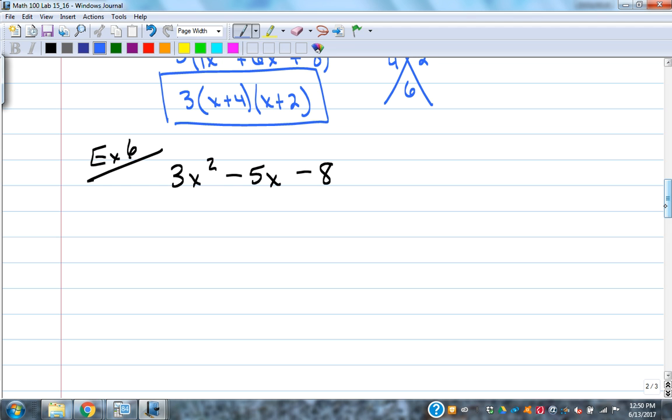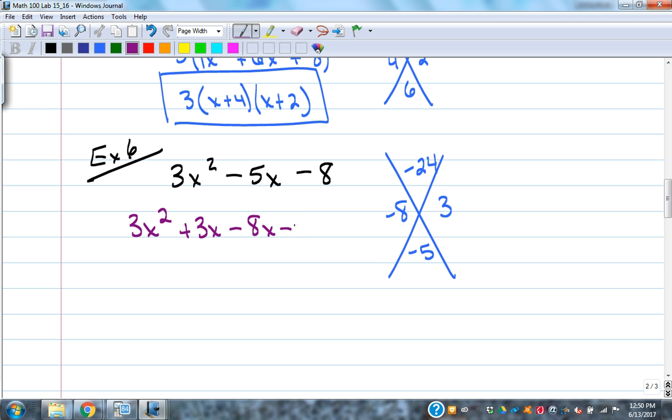Example 6, we're looking at that. It's a trinomial. We don't have a GCF here, so we're going to set up the x. 3 times negative 8 is negative 24. The sum had to be negative 5, so it'd be negative 8 and positive 3. We cannot go straight to our factors here because we have a 3 in front of x squared. So we've got to set this up to do grouping: 3x squared plus 3x minus 8x minus 8.